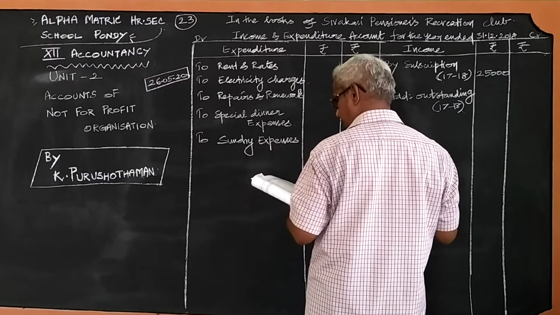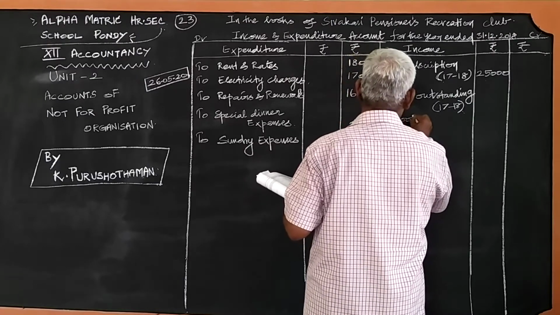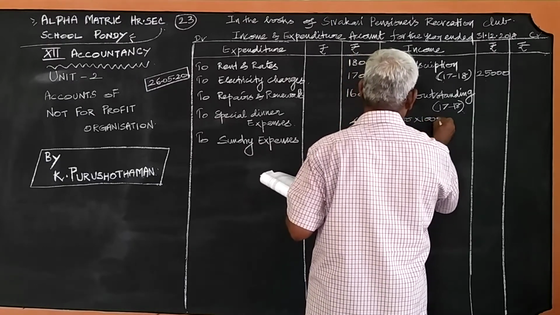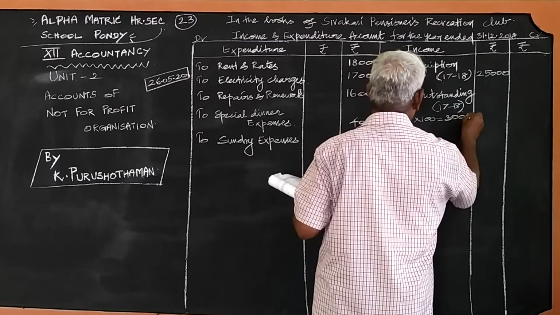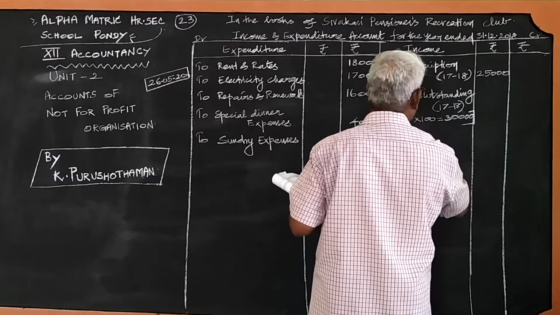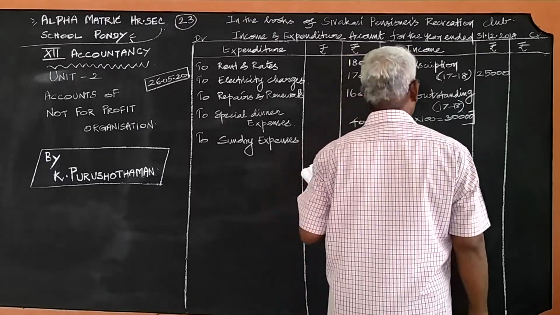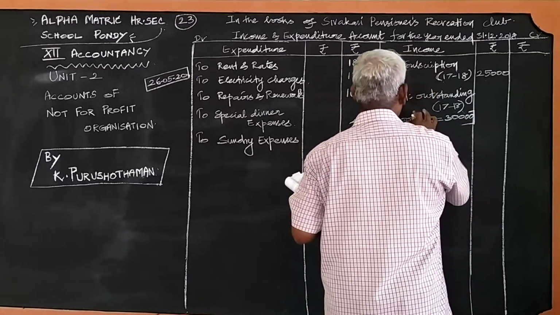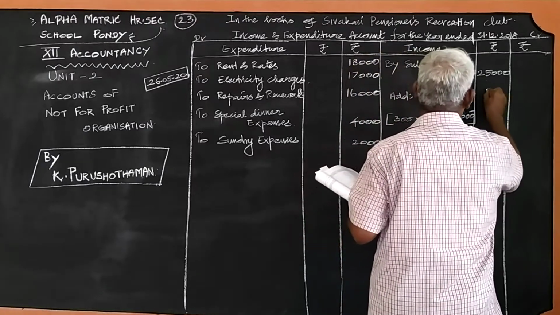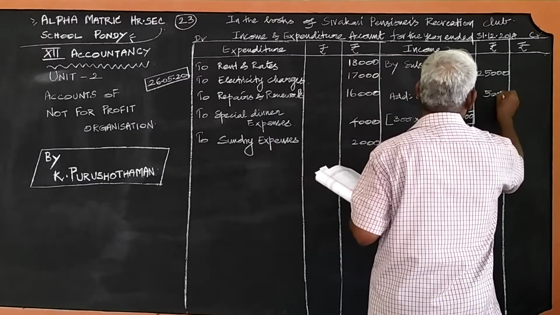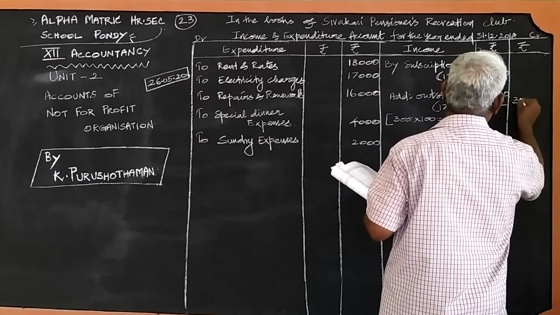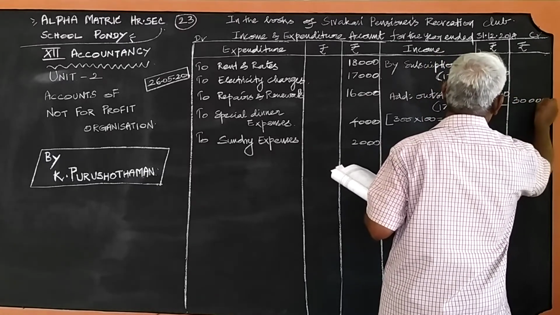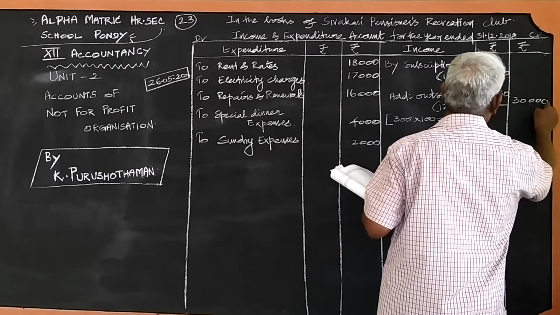Therefore, the remaining 5,000 is outstanding. Totally it comes to 30,000.